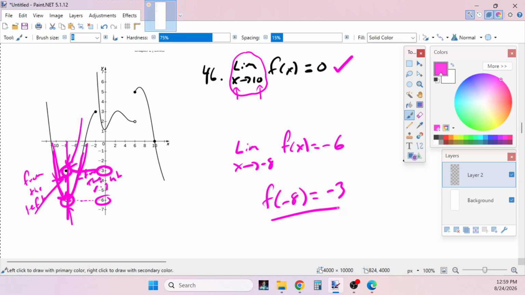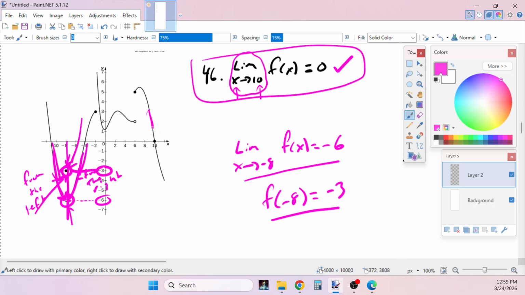The function's value and the function's limit do not need to be equal. In this case, they aren't. But in 46's case, the limit of the function is 0, and the value of the function at 10 is also 0.